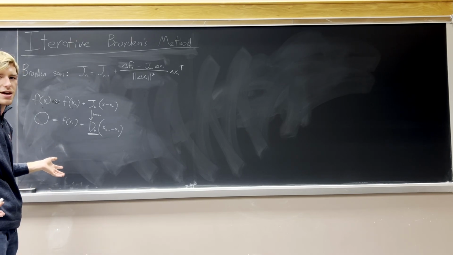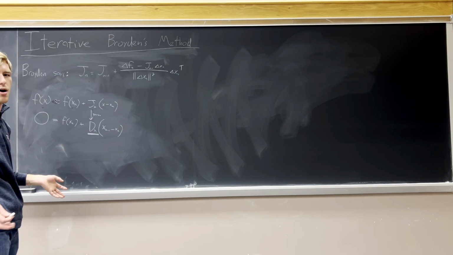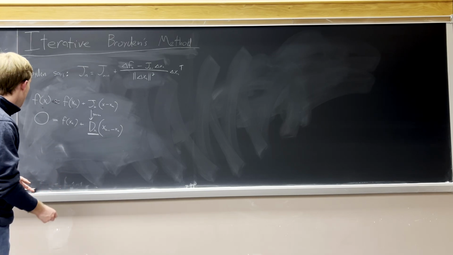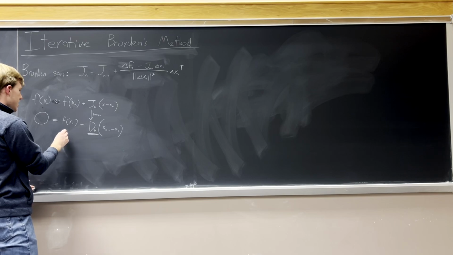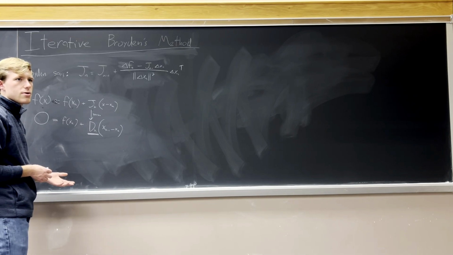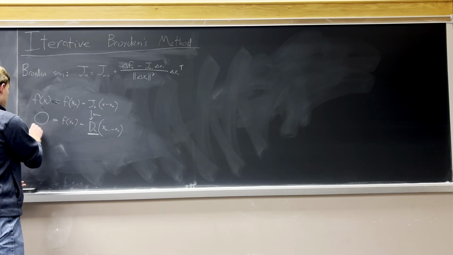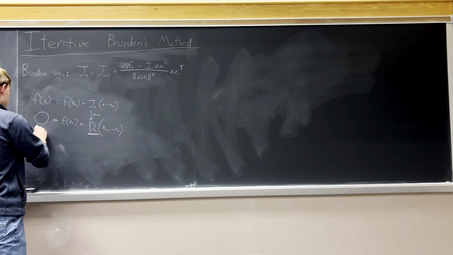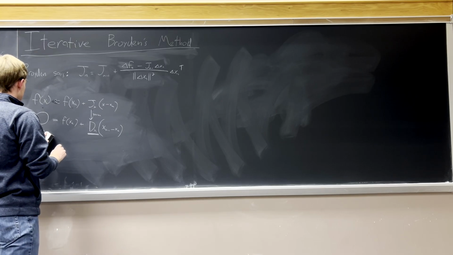But unfortunately, if it were that easy, we wouldn't have Broyden's method, and math would probably be something everyone could major in. Unfortunately, this right here is probably not going to equal 0. This right here is probably going to equal some f of x k plus 1, which is not going to be equal to 0.